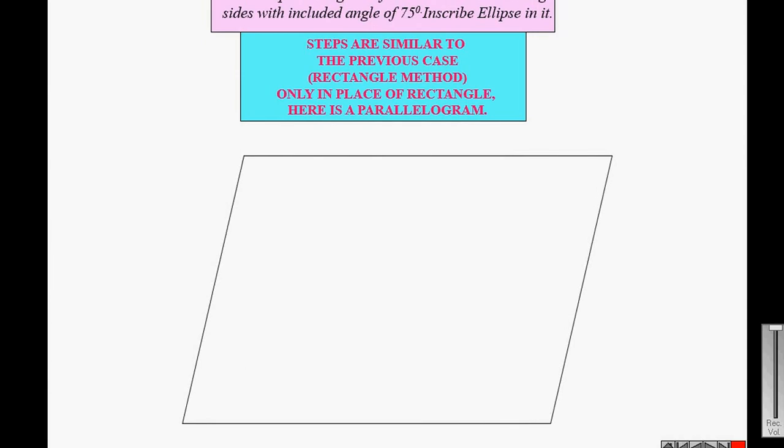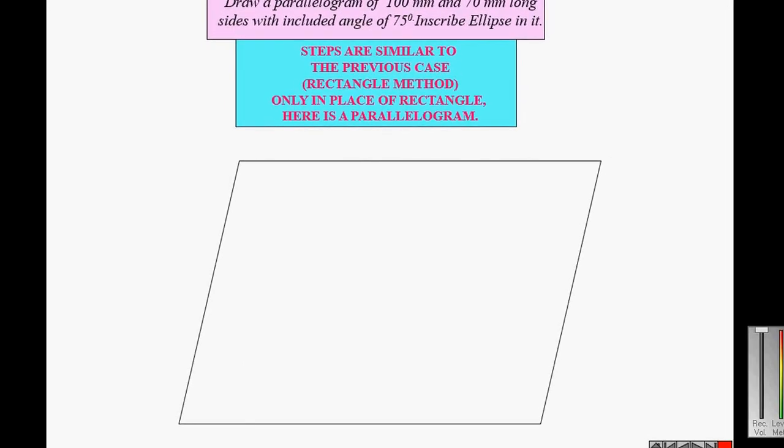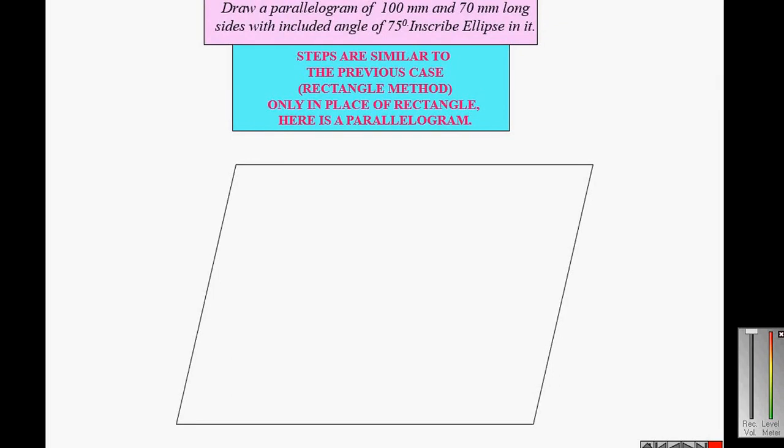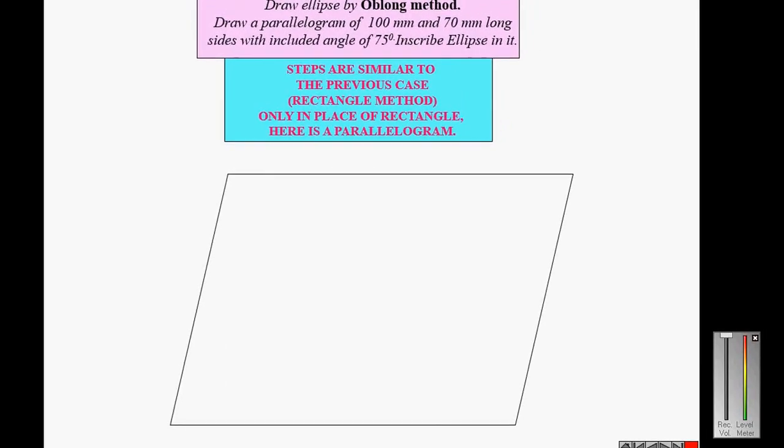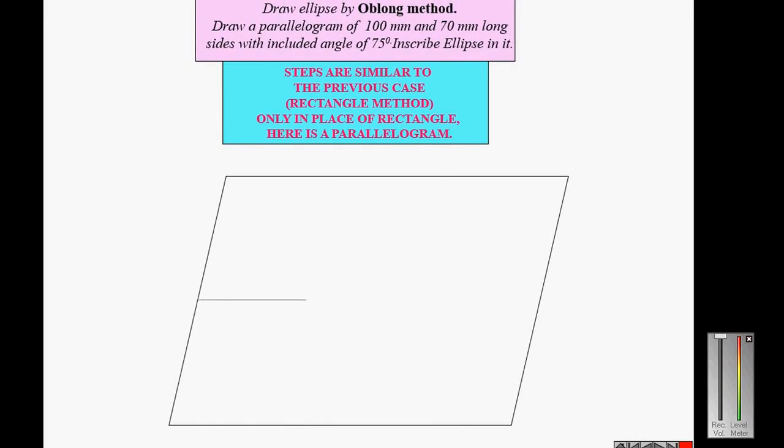Next is draw an ellipse by parallelogram method, and the side of the parallelogram is 100 mm by 70 mm and the included angle is 75 degree.